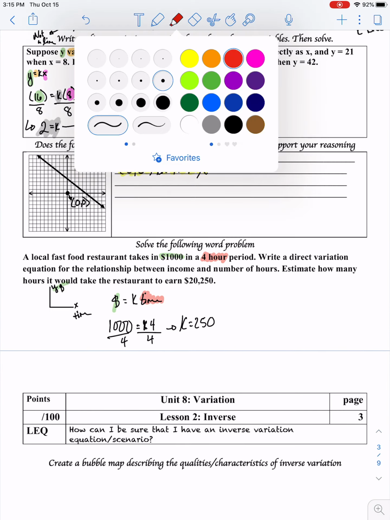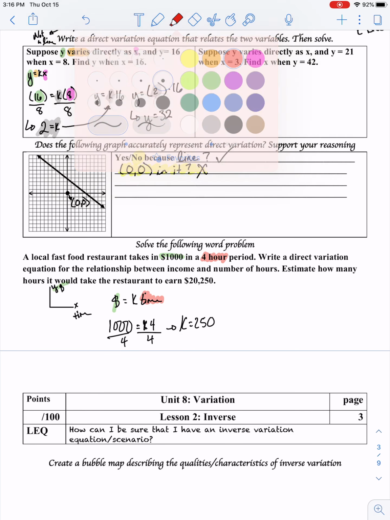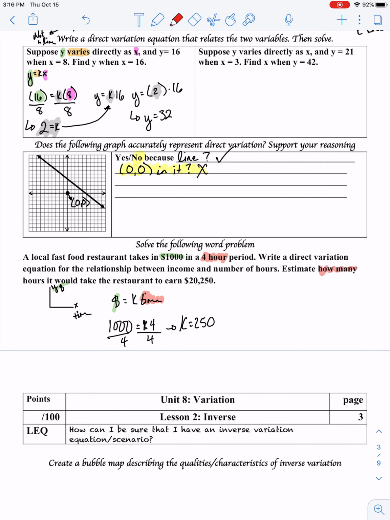I want to find how many hours, so I'm looking for the new time, and I'm given 20,250 is equal to 250 times x, which is really time. Divide both sides by 250.